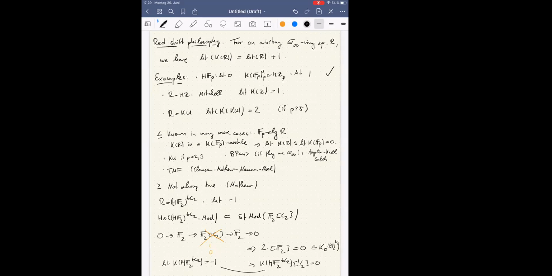So in some sense, the height of the K theory of the Tate construction in general should be the same as the height of the original. But in this case, the shifting down didn't work because it was already at the bottom. So the shifting up also didn't give the correct result. This is, of course, very vague, but that's just what I want to say about this.